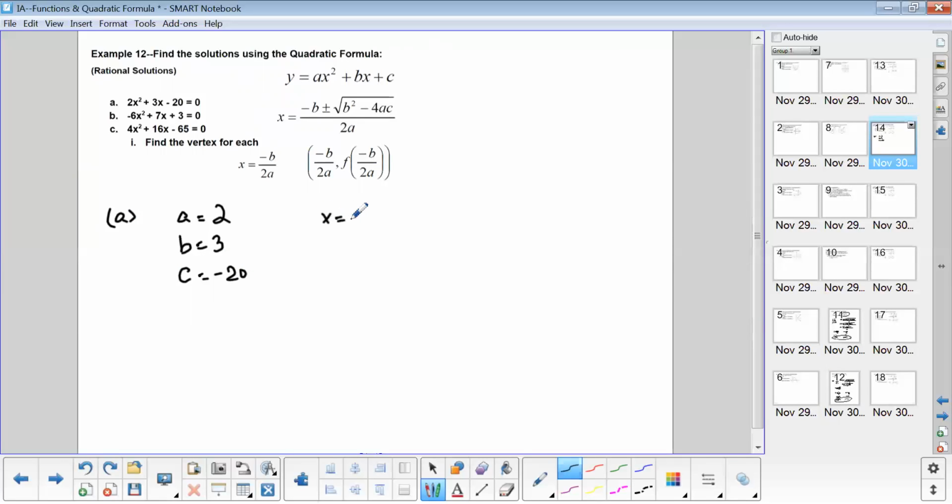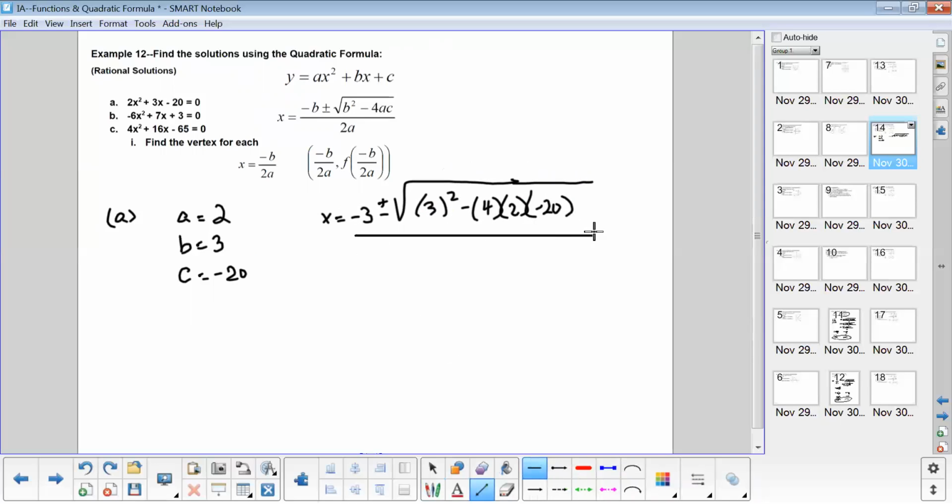So x equals negative 3 plus or minus the square root of b squared, which is 3 squared, minus 4 times a, which is 2, times c, which is negative 20, and that is all divided by 2 times a, so that would be 4.